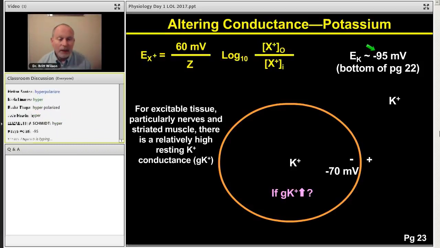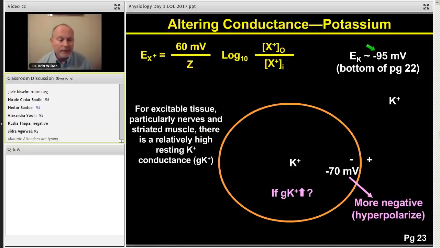Minus 95. Always, always, always. Which way did potassium go? To make the inside more negative, it had to go out. You got it. You know resting. You know equilibrium. You know charge. You'll figure it out. Makes life easier. We're not memorizing, we're understanding.